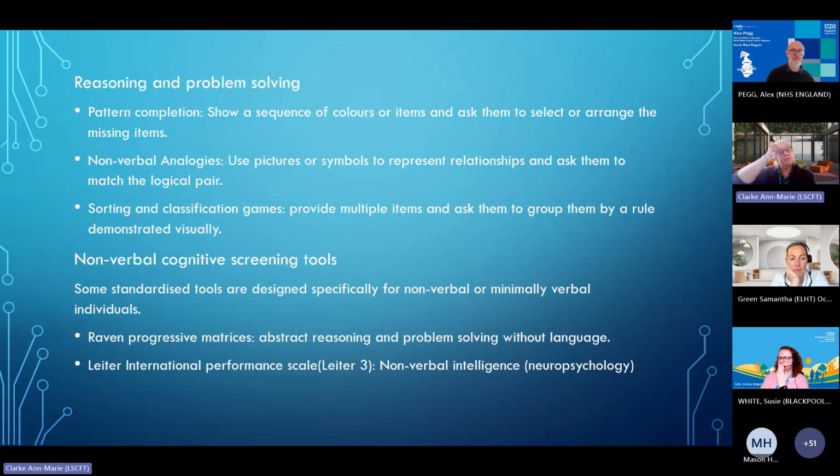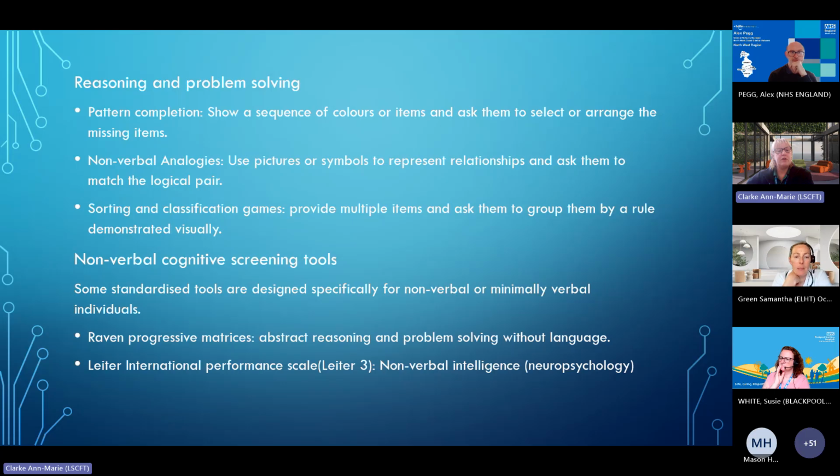Your reasoning and problem solving, your pattern completions, asking them to select or arrange missing items, using pictures and symbols to represent relationships and asking them to match the logical pairs. Again, that's quite good with family pictures. Sorting and classification games, provide multiple items and ask them to group them by a rule, but again, demonstrating it visually.